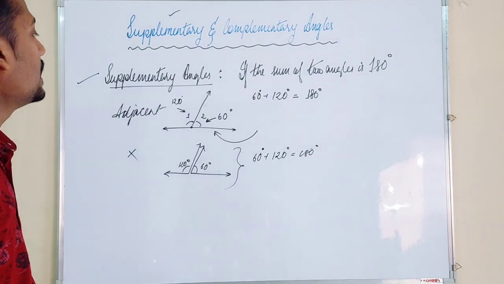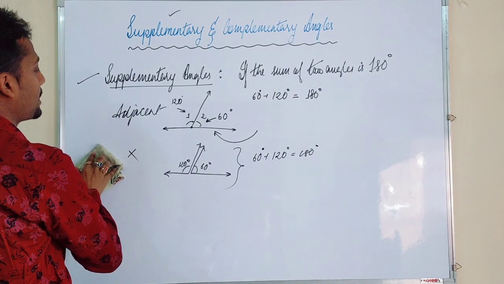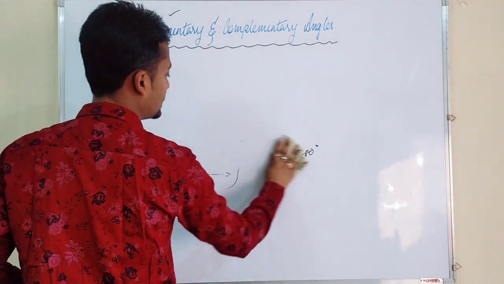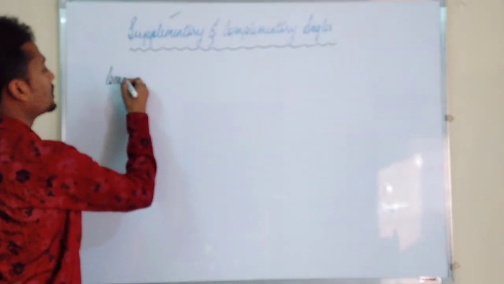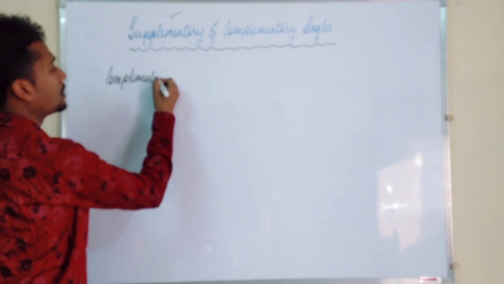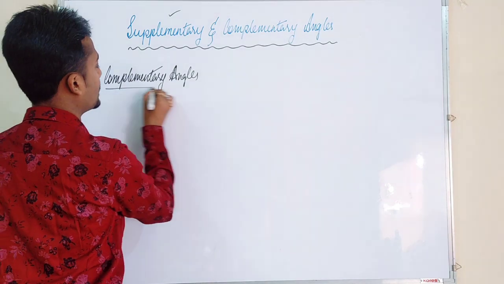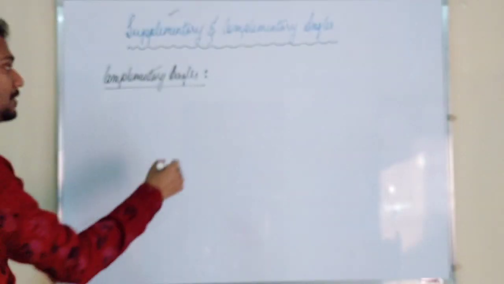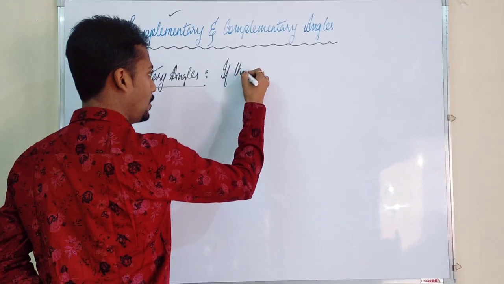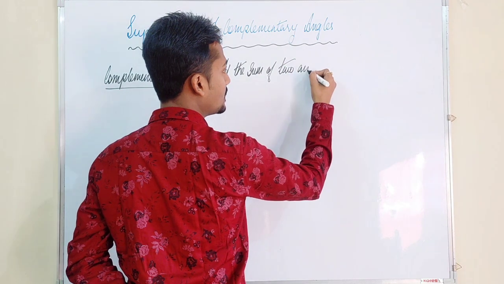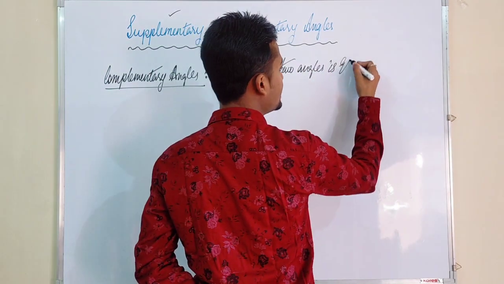Then let us move on to complementary angles. What are complementary angles? If the sum of two angles is 90 degrees, then they are known as complementary angles.